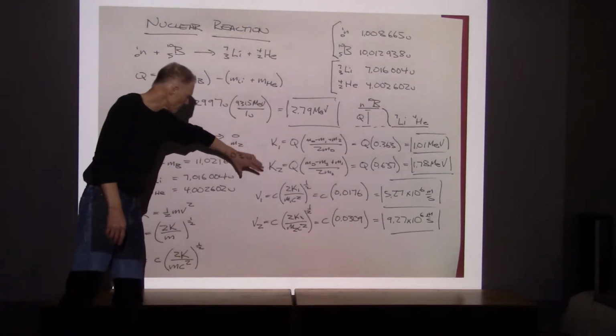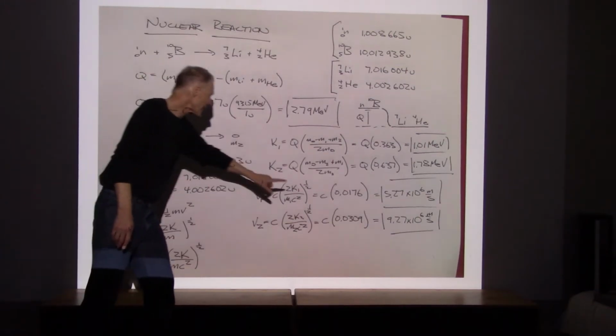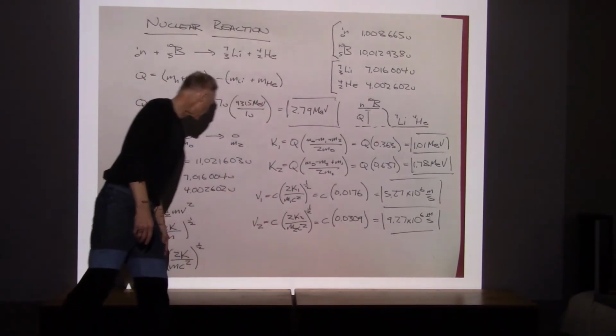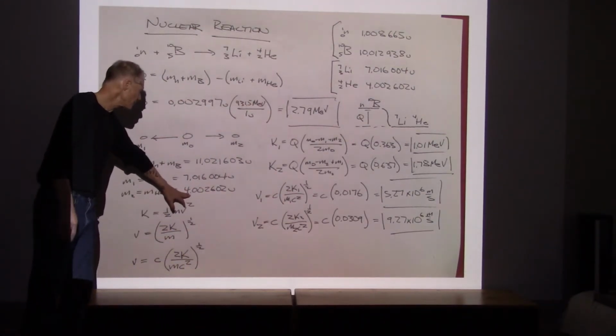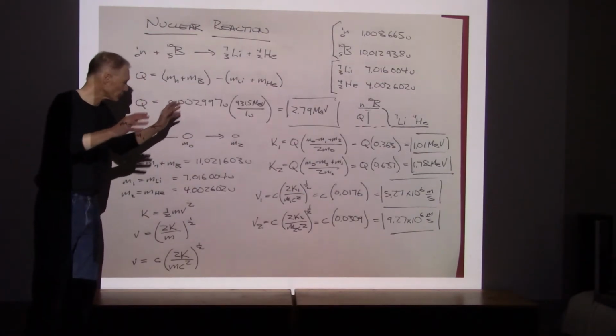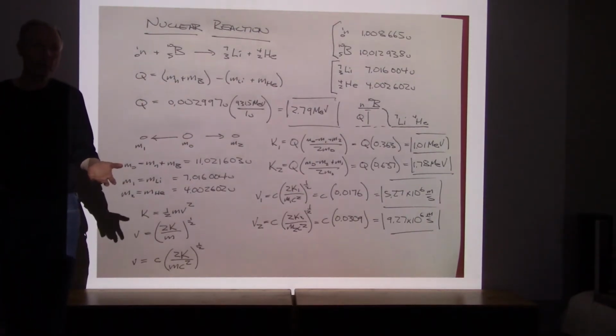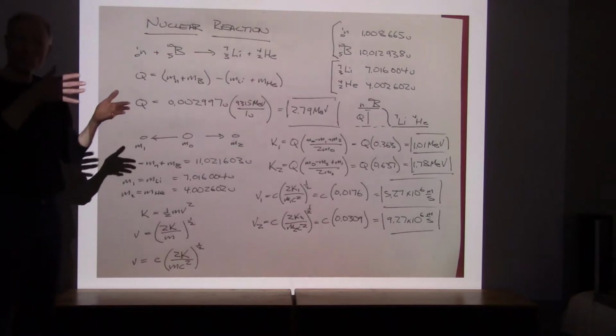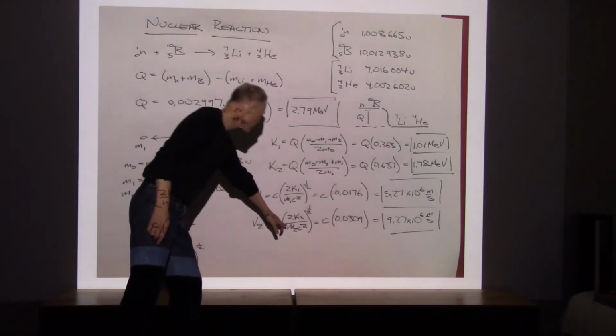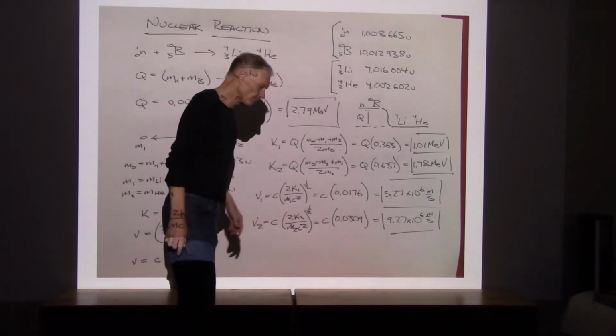That's going to tell me the mass equivalent, and that's what goes into the calculation. Same thing with the helium, 4.0026 whatever. Multiply that by 931.5. Put that number into the denominator. Don't forget the square root sign.